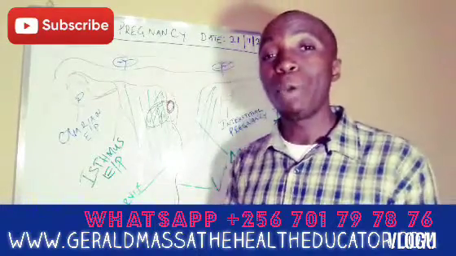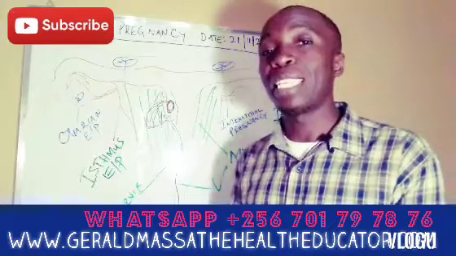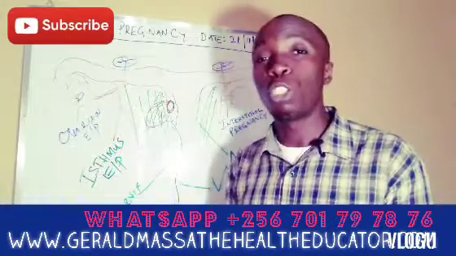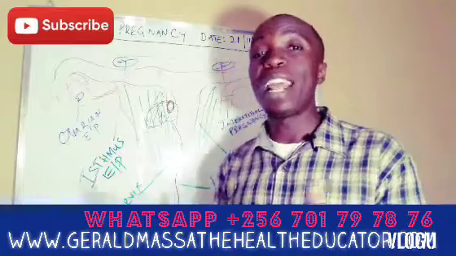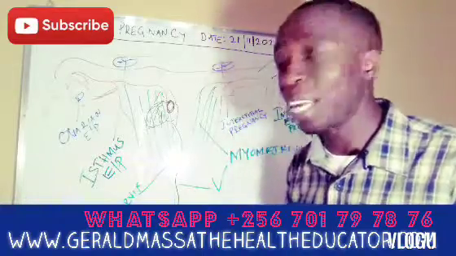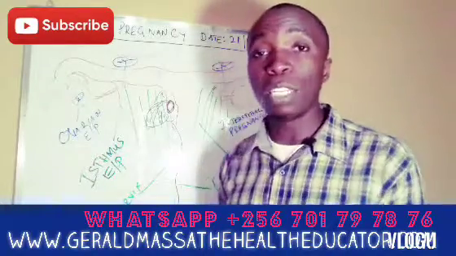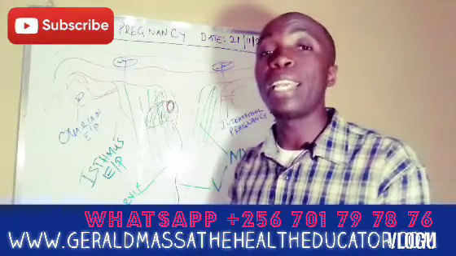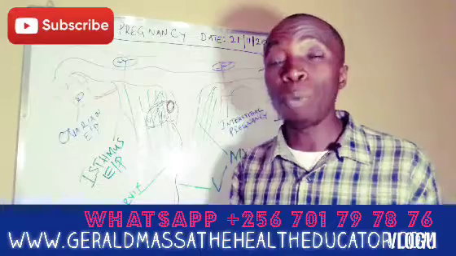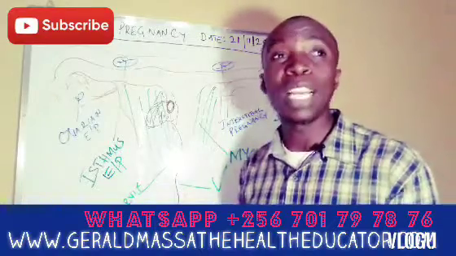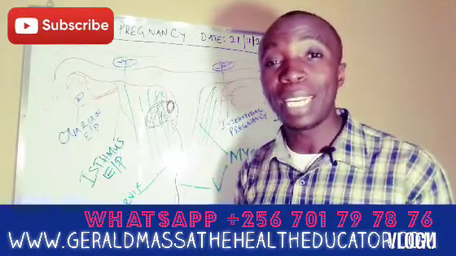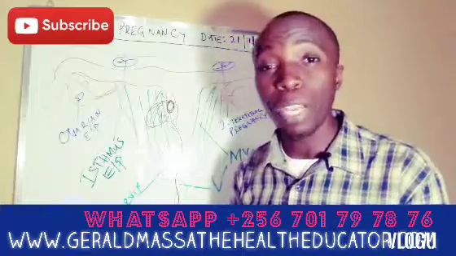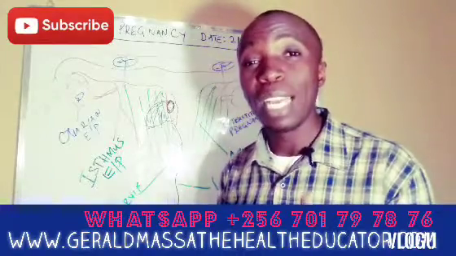There are women who have ectopic pregnancies and yet they do not show any signs. And there are women who do the pregnancy test and it shows a positive sign. Then there are some women, actually a large number of women, who have ectopic pregnancies, but whenever they do the urine pregnancy test, it shows negative.